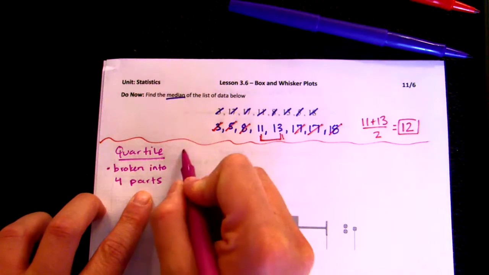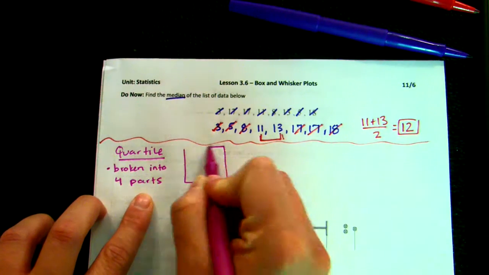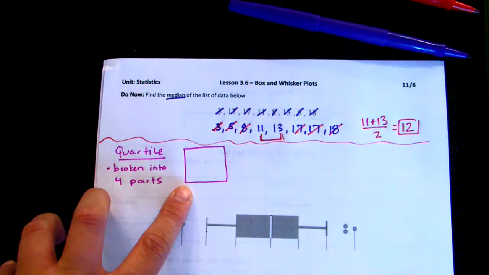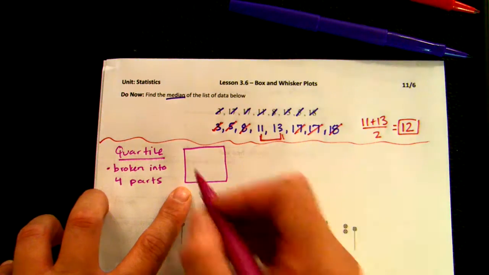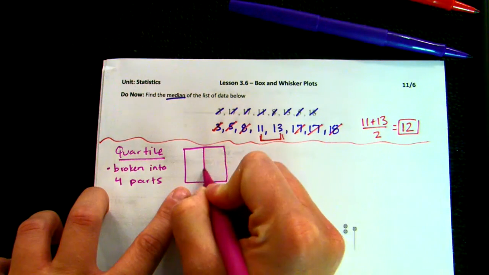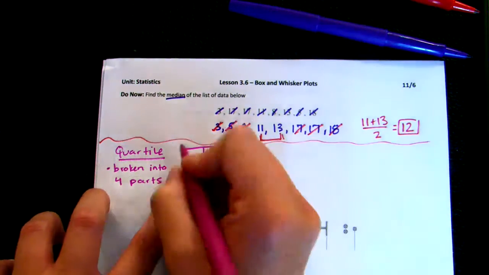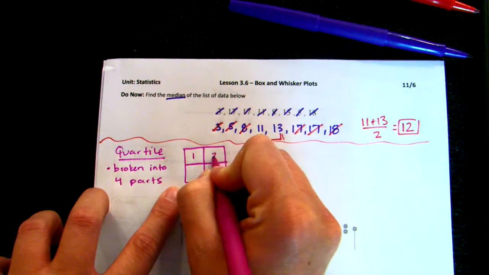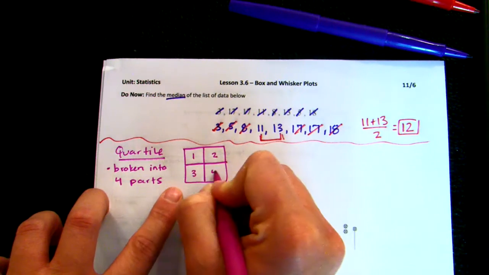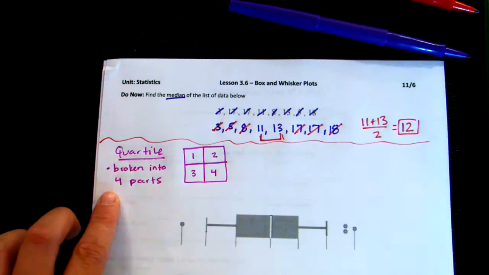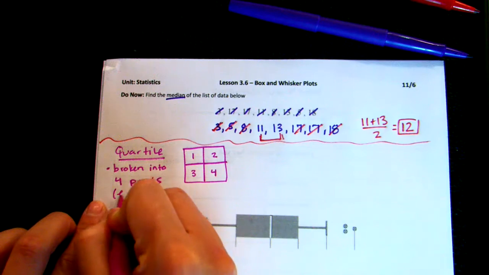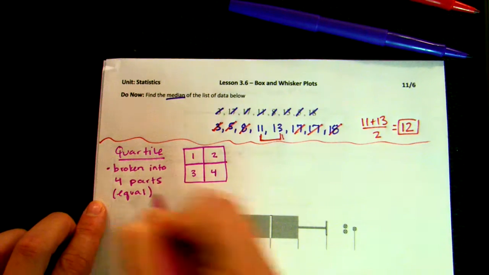So for example, if I had this entire square here and I was going to break it into quartiles, I would break it into 4 even parts. So that would be quartile 1, quartile 2, quartile 3, and quartile 4. It's broken into 4 parts, but all parts are equal.